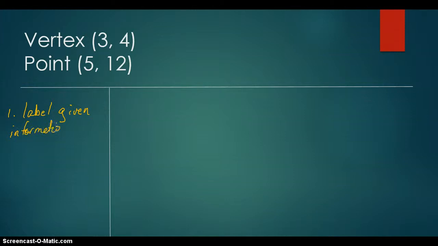And what I mean by that is we should know the vertex form of a parabola, and it looks like that. I forgot my a. And so we have an x and a y given, and we also have the h and k given.